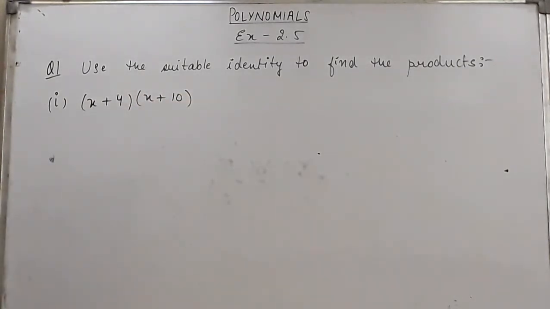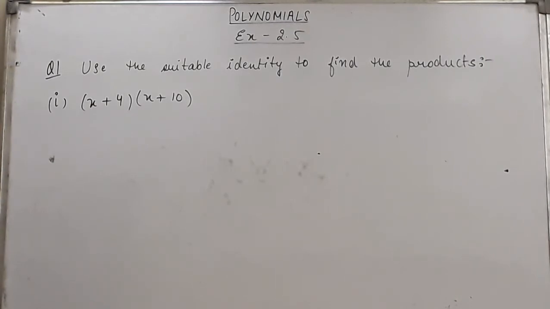You can pause the video and do it by yourself and then watch this video to check whether your answer is correct or not. In this part, just notice this very carefully.